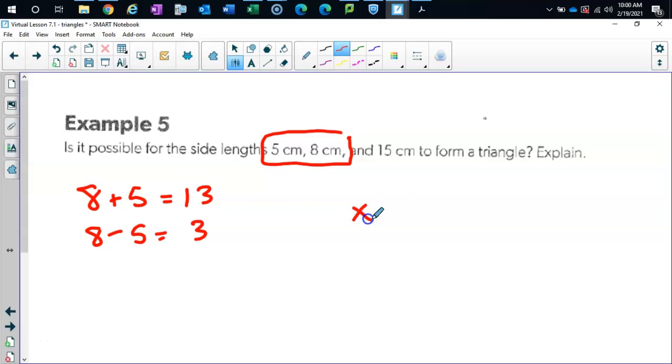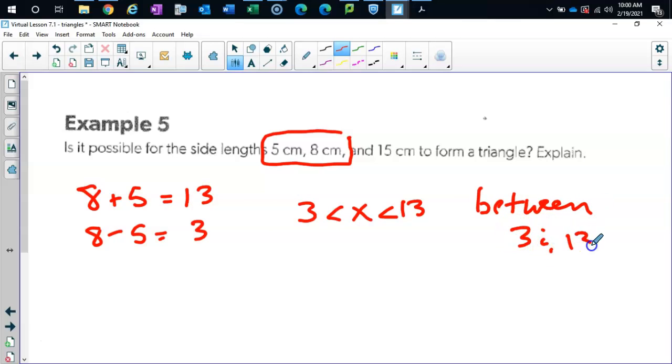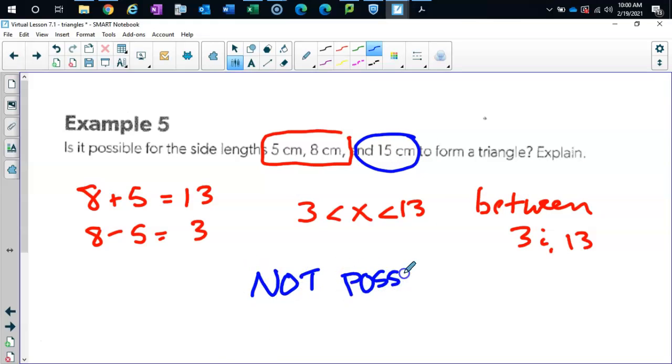So my third side x has to be greater than 3 and less than 13. So my third side has to be between 3 and 13. Is 15 between 3 and 13? No, it is not. This is not possible. Okay, 15 is way too long.